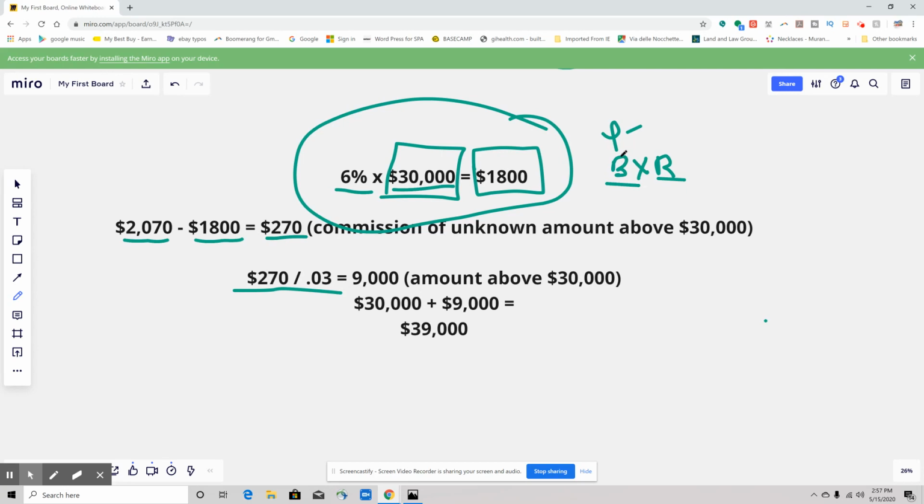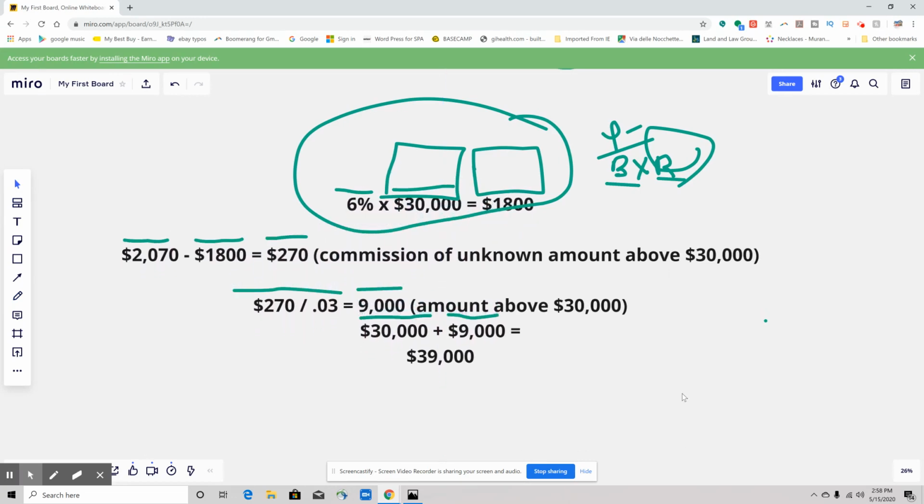We're going to take the 270, which is the part of the unknown, and divide that by the rate, which is known, that's a 3% rate, and we're going to get $9,000. Then what we do is add the 9,000 unknown to the whole part that we do know, which is 30,000, and it's going to give us $39,000.